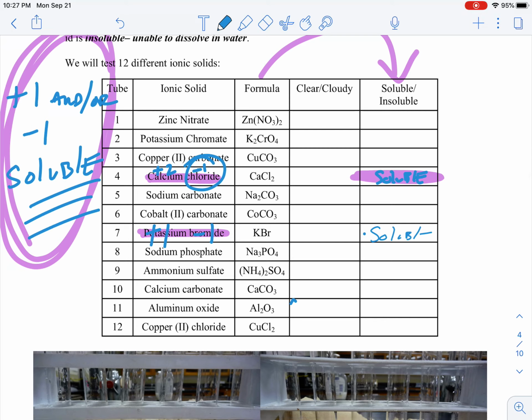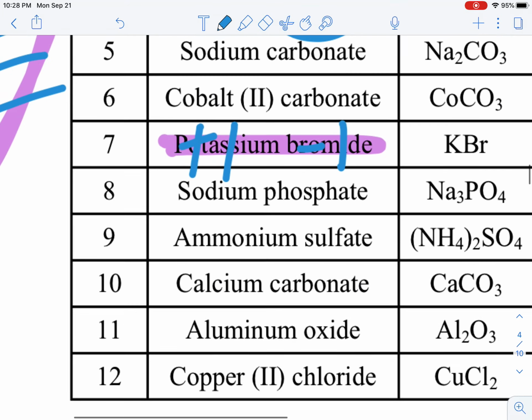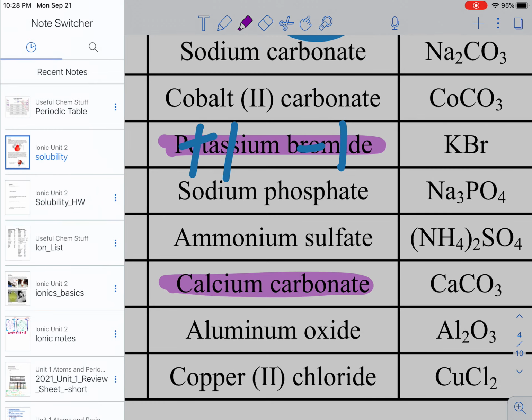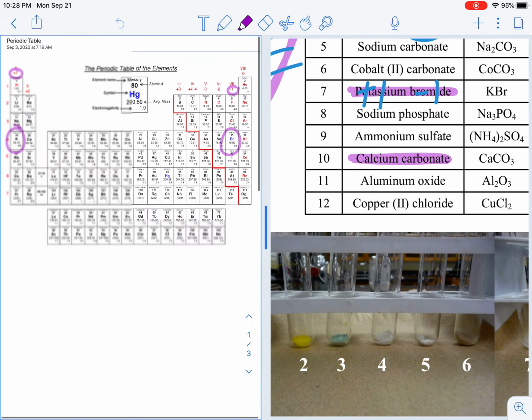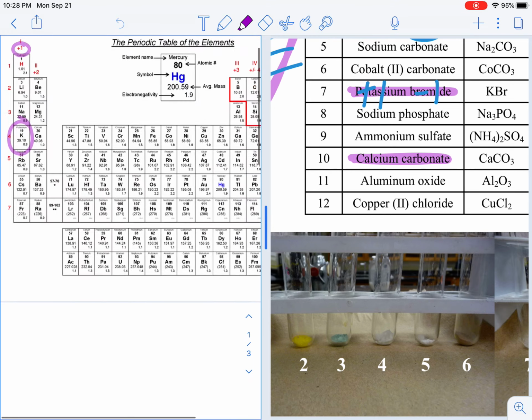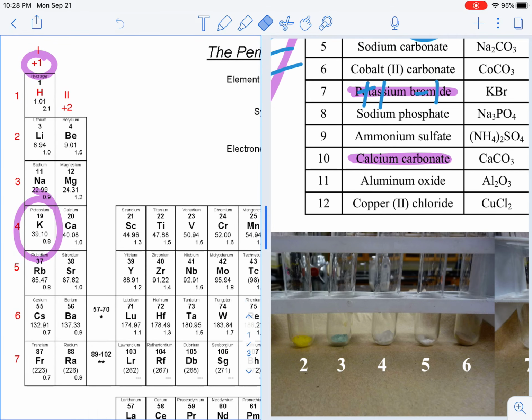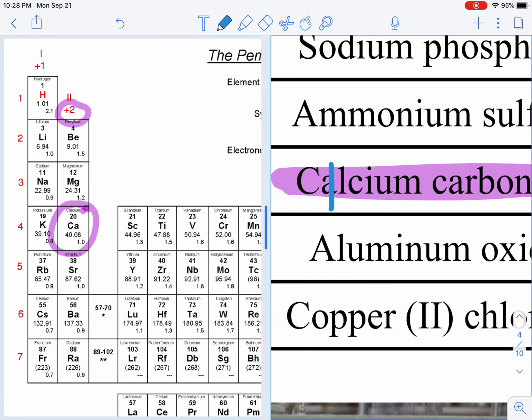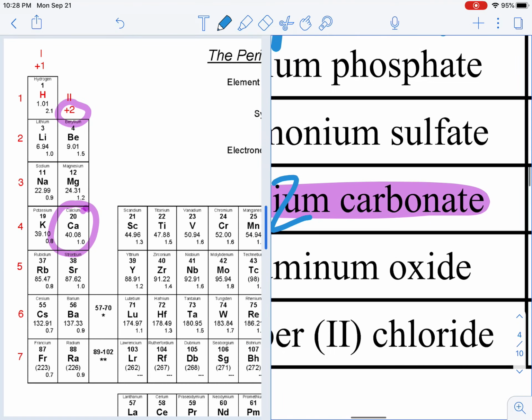Let's look at calcium carbonate down here at the bottom. Same deal. Get my periodic table, get that on the left-hand side. I look for my cation because my cation is always going to be written first. Now I'm looking at calcium. Calcium is right here, +2. And carbonate.